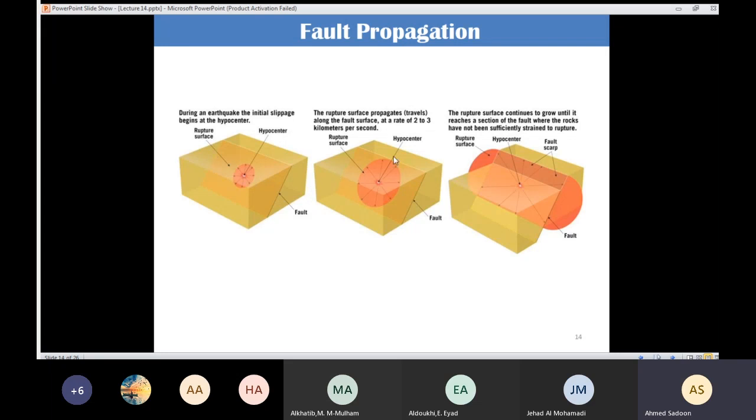So in the next figure here, we can see that the movement is going to be bigger and bigger, but within the rupture surface. Now, that movement is going to be resisted by the capacity of the rock itself. If that movement manages to exceed the frictional resistance between the hanging wall and the foot wall, then this part is going to move relative to that part.